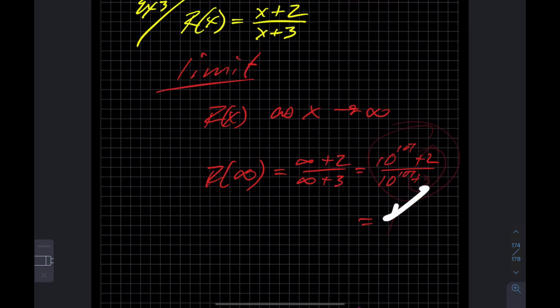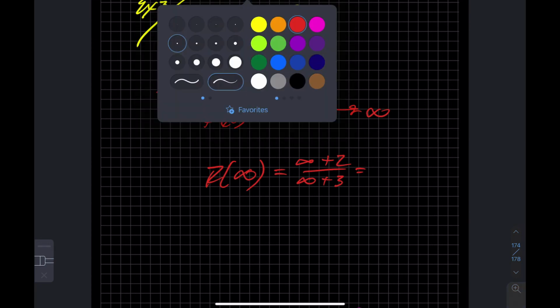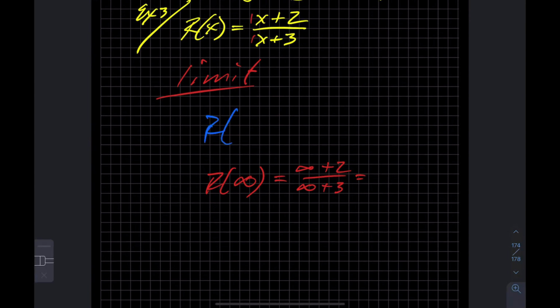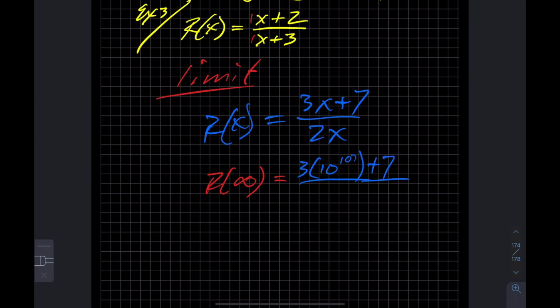Now, if I had a constant, instead of my example where I had 1 and 1, let's say my rational function was 3x plus 7 over 2x, right? Then I'm getting 3 times some 10 to the 107 plus 7 over 2 times 10 to the 107.